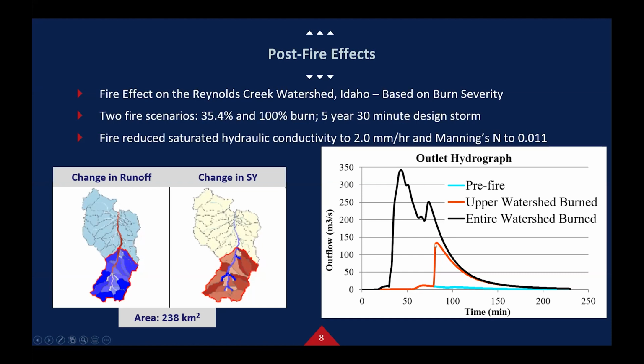We saw an increase in runoff, in cubic meters per second, approaching 150 cubic meters per second, where before it was below 50, very close to zero for this event. And then the entire watershed was approaching 350 cubic meters per second. So you can see that the fire had a significant impact on runoff in this situation. This is what we actually use with the BEAR teams, the Burn Area Emergency Response teams in the Department of Interior, as well as the Forest Service.